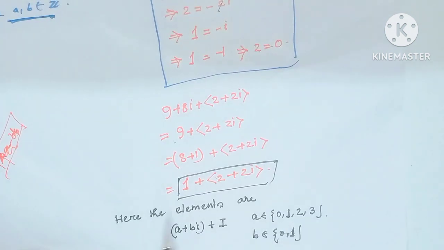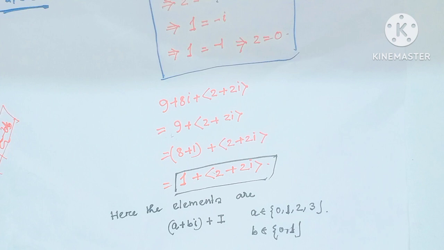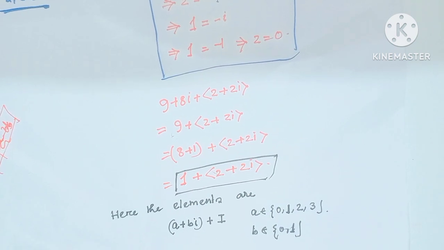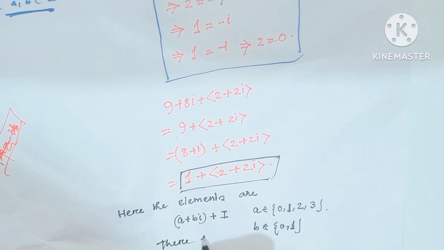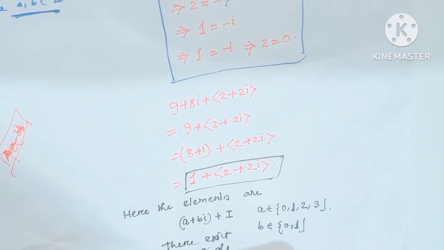That means here the elements look like a plus bi plus the ideal, where a belongs to 0, 1, 2, 3 and b belongs to 0, 1. Therefore, there exist 8 distinct elements.